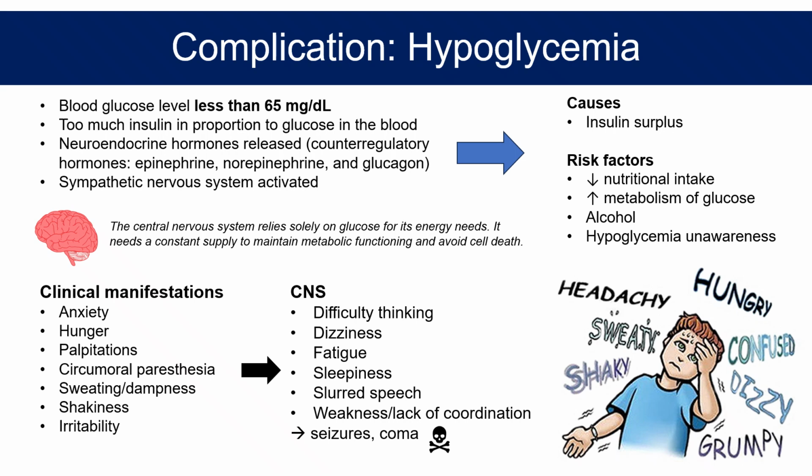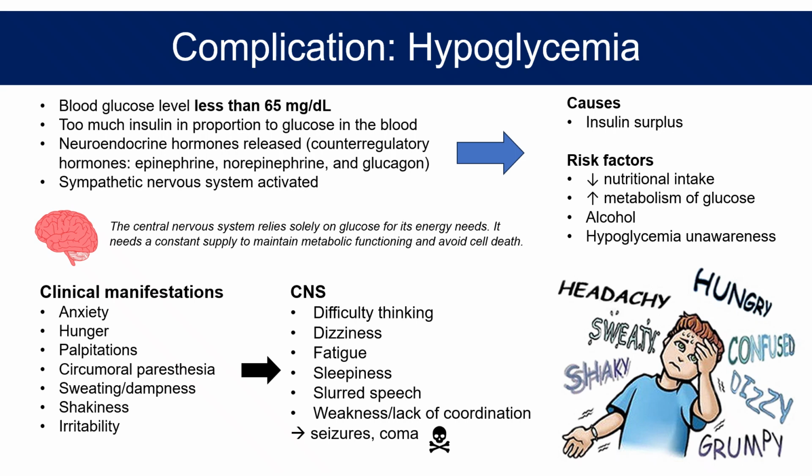So hypoglycemia unawareness often happens with people who, this isn't the only reason, but most commonly is when you tend to run hypoglycemic very, very often, and then your body just kind of adjusts to that. So you don't show signs and symptoms until you're really, really low, versus somebody who maybe if they're at 70, they're already showing signs of hypoglycemia.